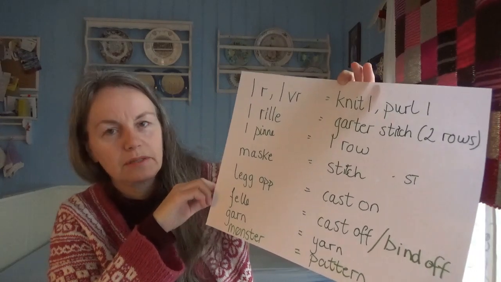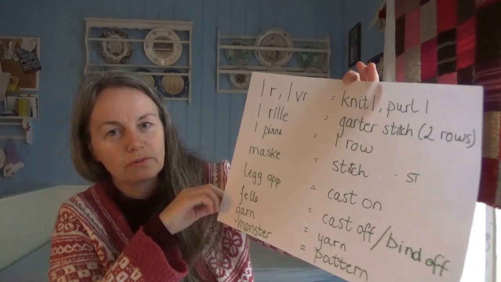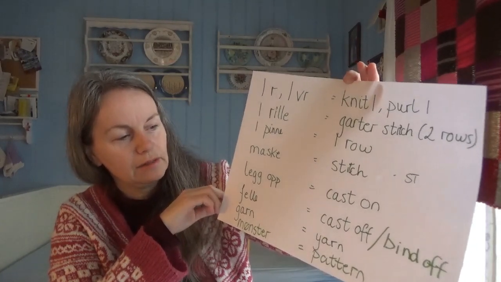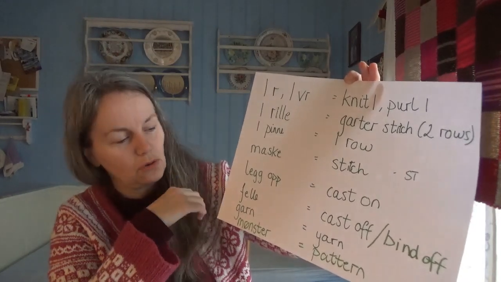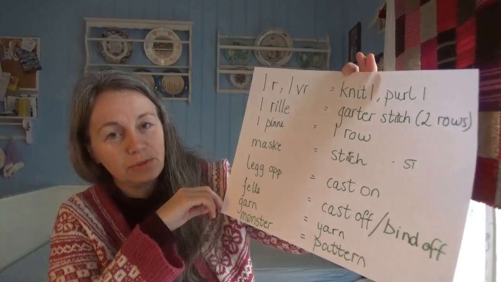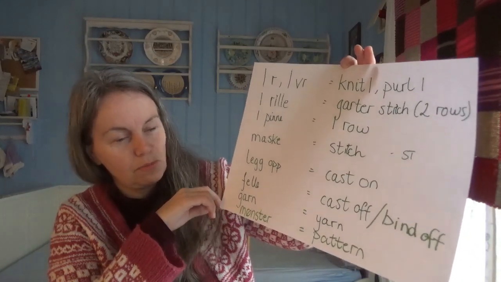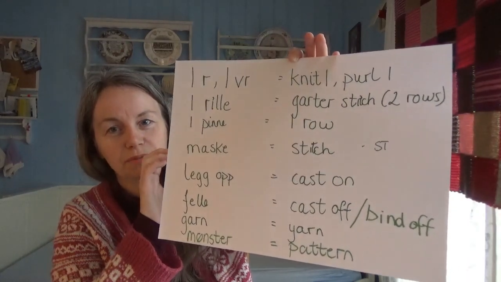Maske, that means stitch. Legg opp, that is cast on. Felle, eller fell av, that is to cast off or bind off. Garn, that's the Norwegian word for yarn. Mønster, that is pattern. So very basic words.